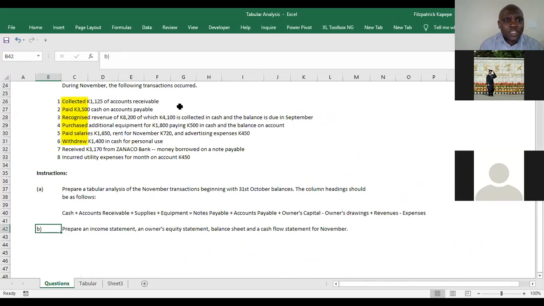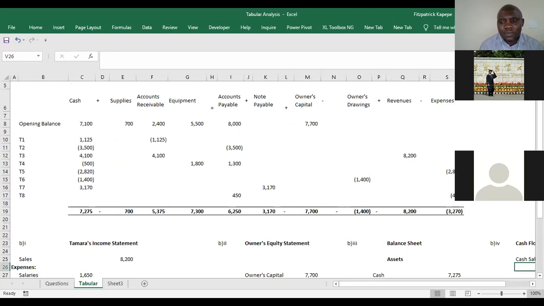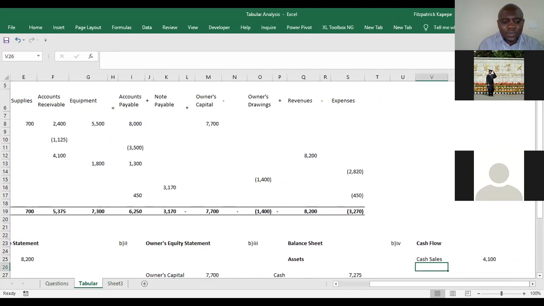You collected something on the receivables. So you have accounts receivable. You collected this. So I'll say cash on receivables. Just a very simple thing.